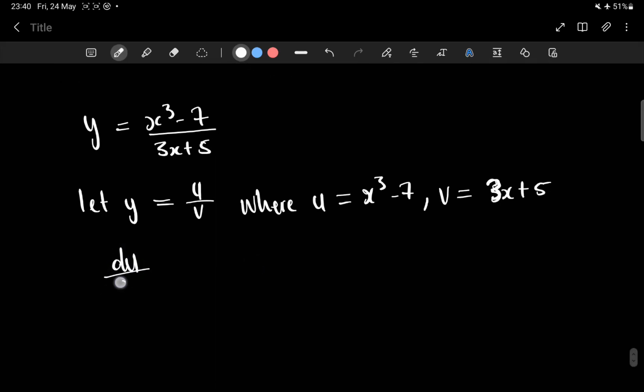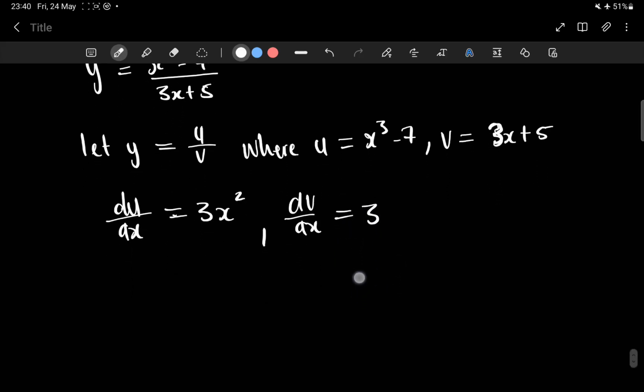First, you need to get du dx. You need to differentiate them. This is x cubed: bring down the power 3, reduce it by 1, so 3x squared. The derivative of minus 7 is 0. Then dv dx: the derivative of 3x is just 3, and the derivative of 5 is 0.